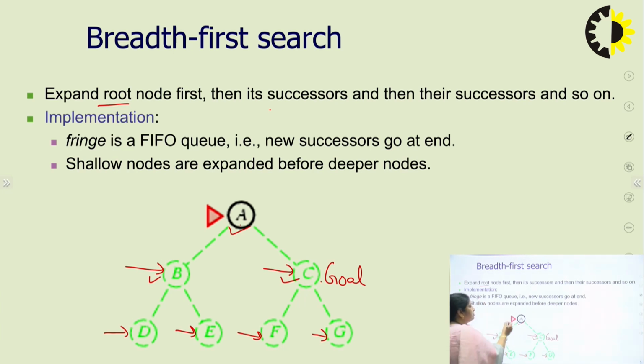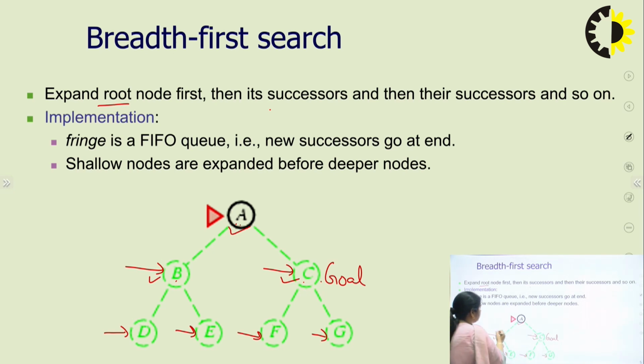A. So is it goal? The goal test will fail. So we will expand it. When we expand it, its neighbors, its successors will be considered. What are the successors? Firstly B, then C.